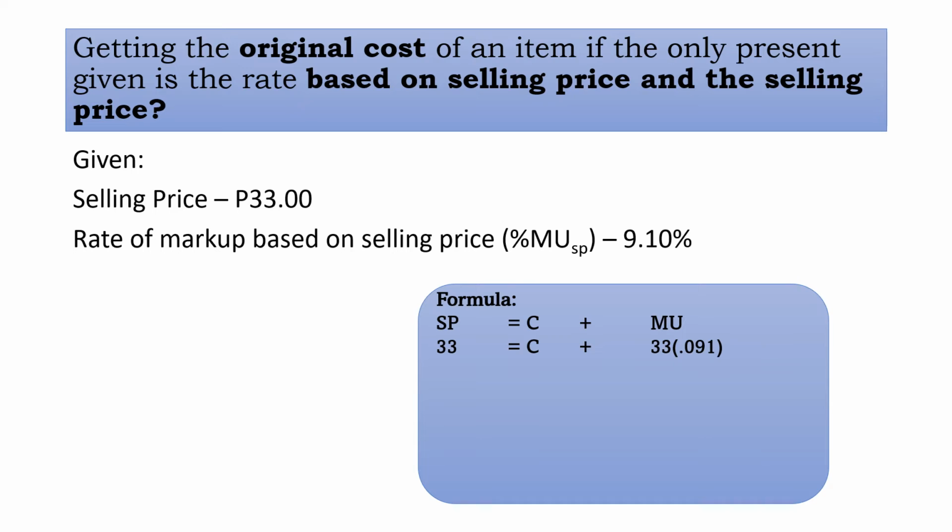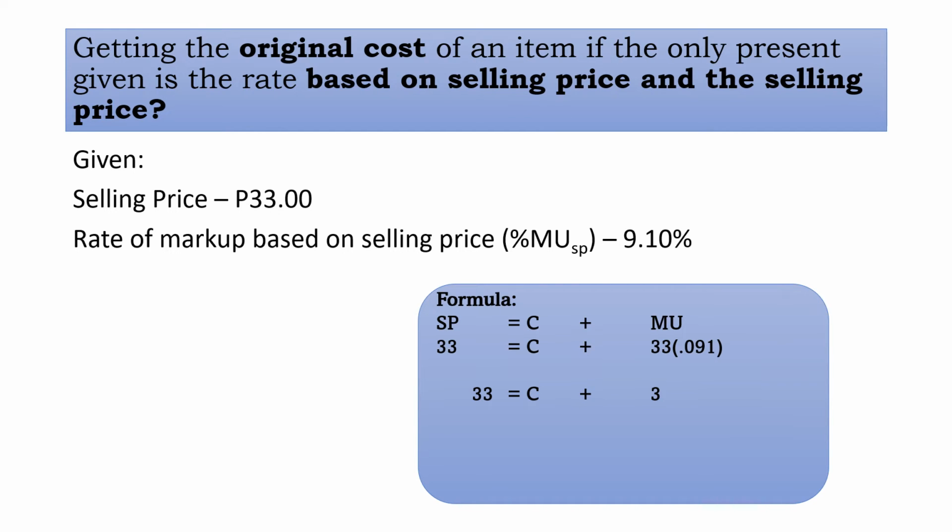Now let us substitute. Selling price is 33 pesos and the markup is 33 times 0.091, since our markup is based on selling price. Now let us compute. So 33 is equal to cost plus 3, since 33 times 0.091 is 3.